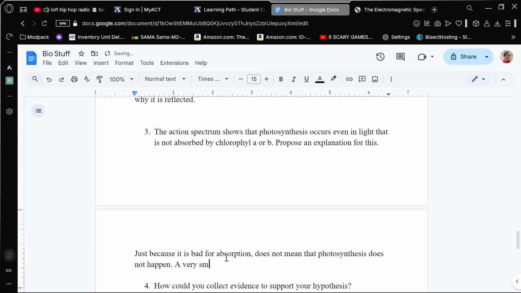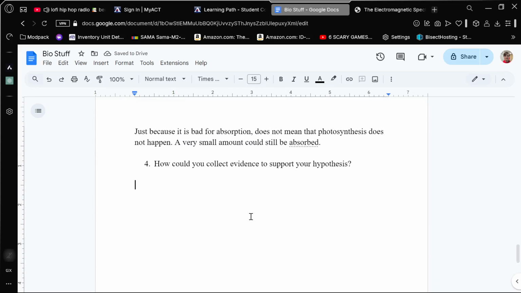A very small amount could still be absorbed. How could you collect evidence to support your hypothesis? Did I just not type out all of these? I did not. I'll have to go retype these.